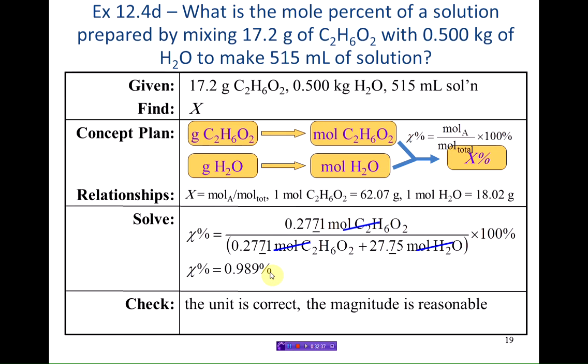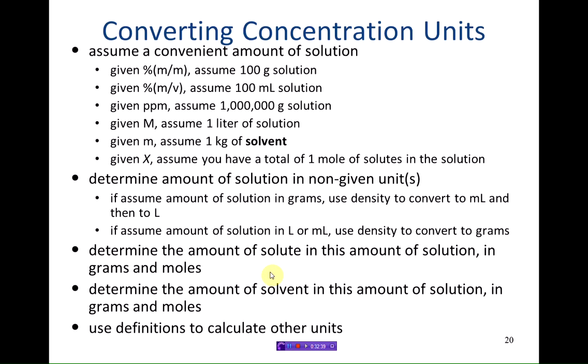Now when you're converting concentration units, assume a convenient amount of solution. So when you're given a percent mass by mass, it makes your life a lot easier if you just assume that you have 100 grams of solution. So let's say you've got a 50% mass by mass solution. For every 100 grams of solution, you've got 50 grams.